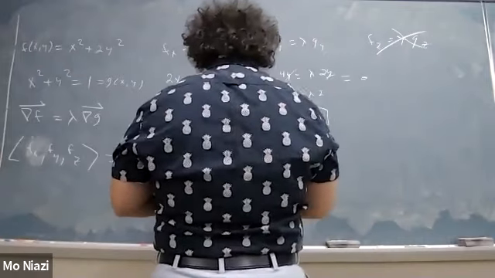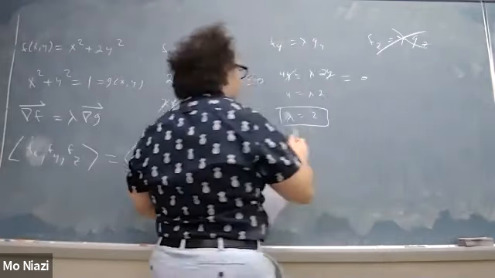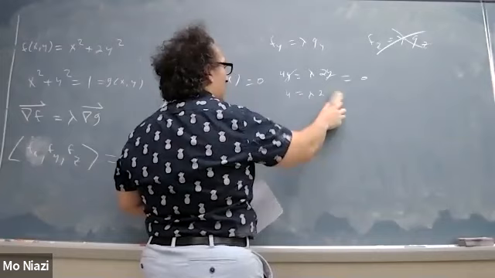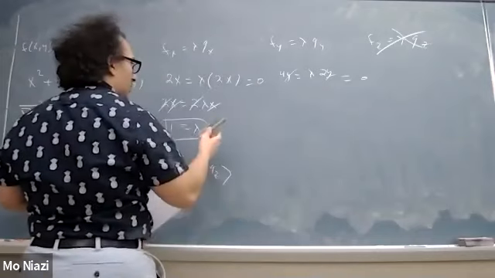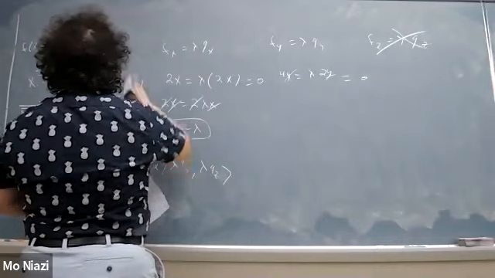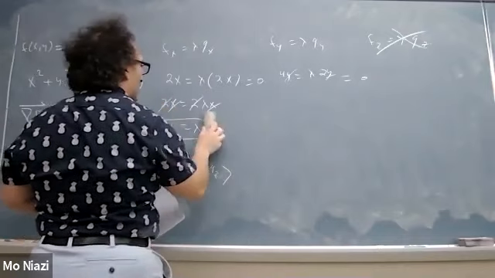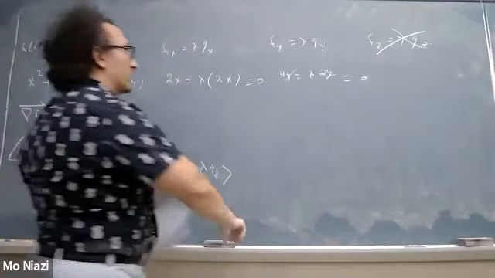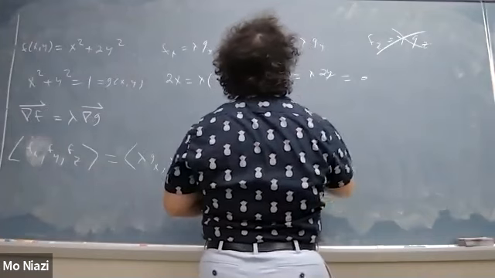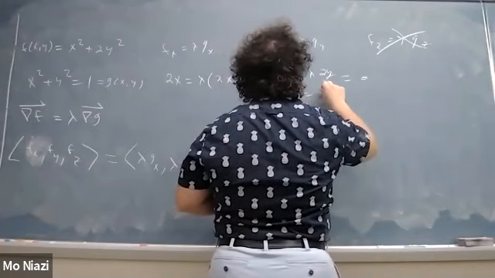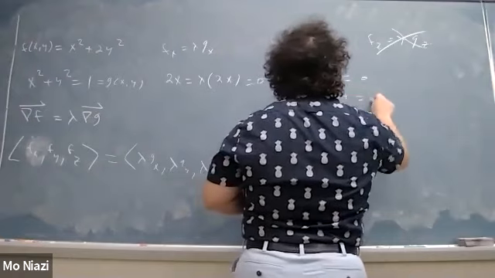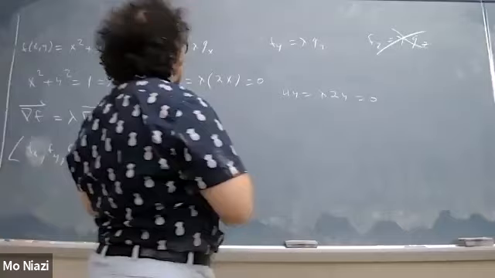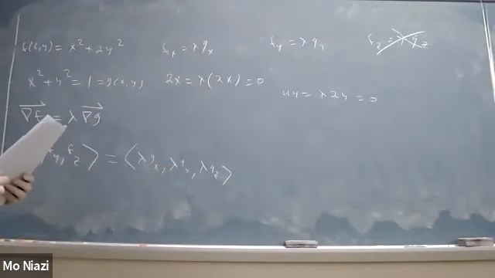Although this lambda equal to 2 is an actual route you can go, it's not the route we want to go, because solving for lambda is not what we're interested in. We want to optimize what x and y are. That's why I'm retracing my steps here. We want to know what x and y are, not what lambda is. So 4y is equal to lambda 2y is equal to 0. I just went down that path, and I didn't need to go down that path.